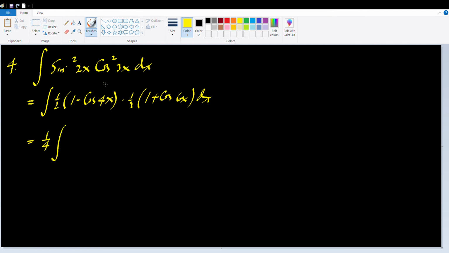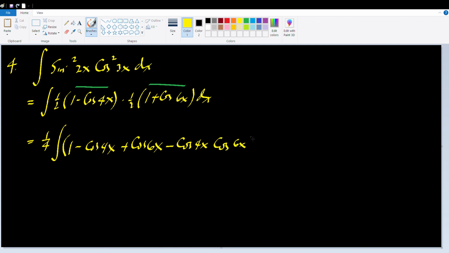And then we multiply these two. We'll be getting 1 minus cosine 4x plus cosine of 6x minus cosine of 4x cosine of 6x, quantity dx.